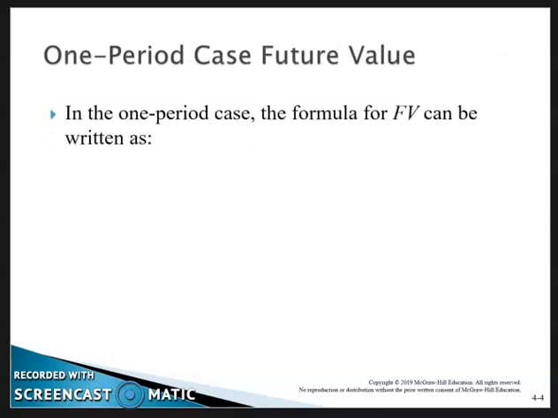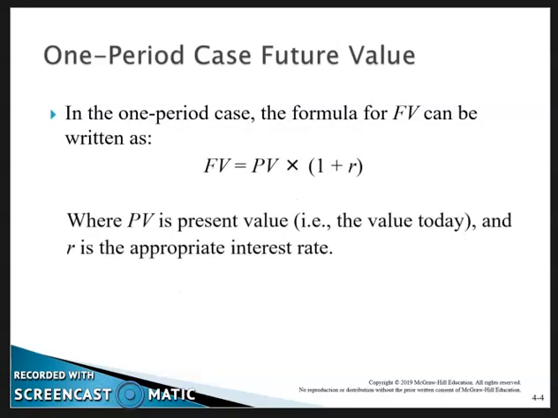So the total amount due here is called the future value. In the one period case, the formula for future value can be written as future value is equal to the present value multiplied by 1 plus the interest rate.